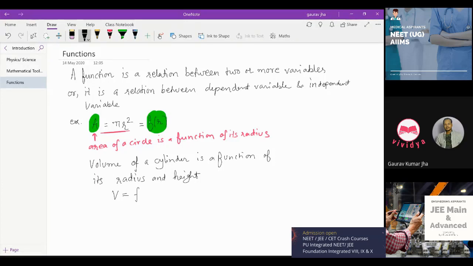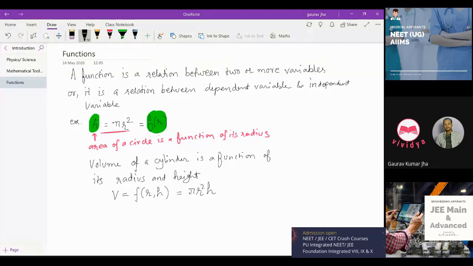Similarly, we can say in this problem, volume of a cylinder is a function of radius and its height. Volume is dependent on radius and height. Fortunately we know the value of the function, so we can write it as pi r square h.